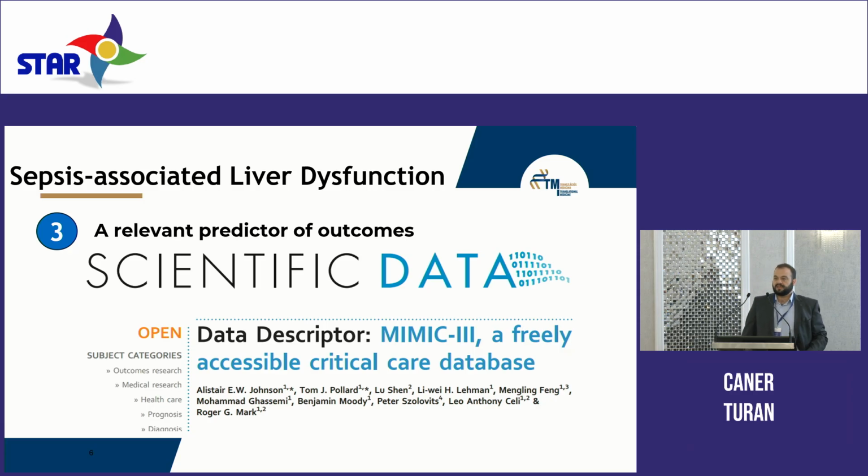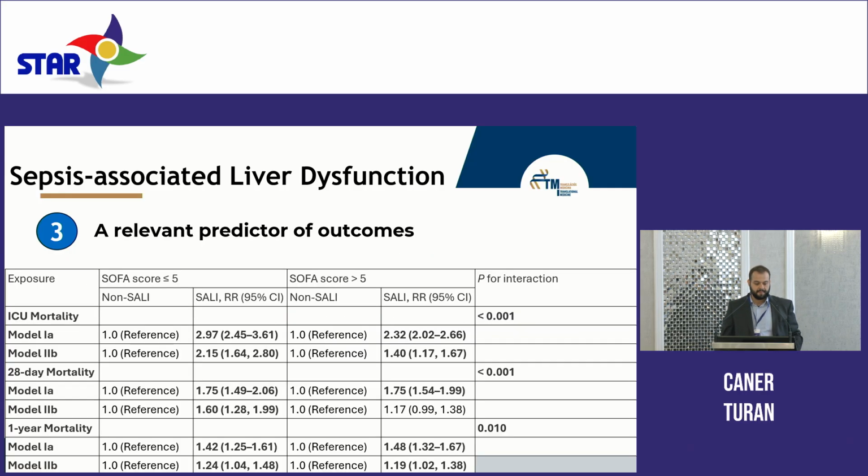We also know that clinically, the manifestation of liver dysfunction is a relevant predictor of outcomes. From the MIMIC database, which has more than 90 centers and tens of thousands of critically ill patients, we know that regardless of the severity of the critical illness, the existence of liver dysfunction is an independent predictor of mortality.